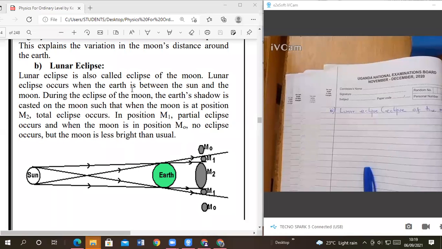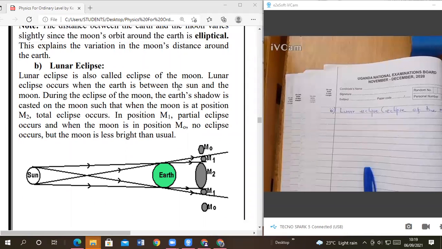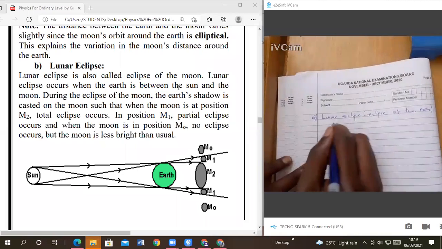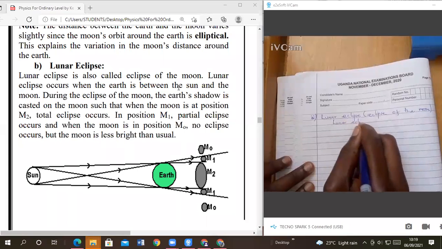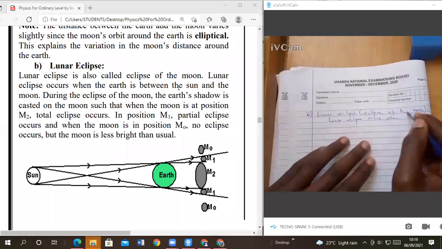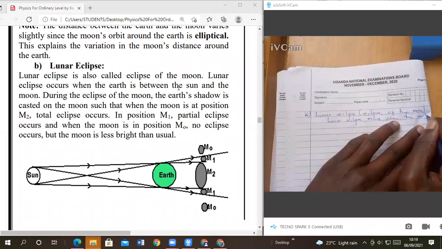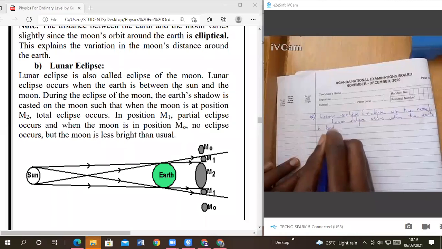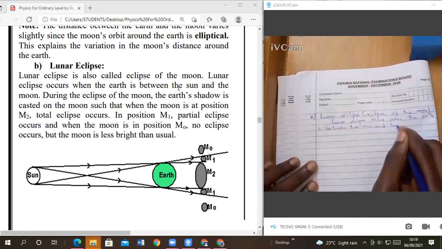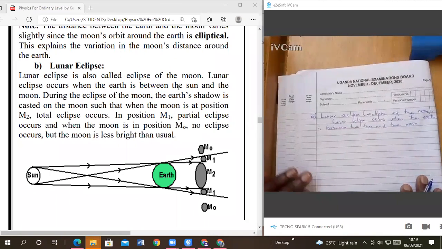Lunar eclipse occurs when the earth is between the sun and the moon. This time it is the earth which is between. So we said lunar eclipse occurs when the earth is between the sun and the moon.